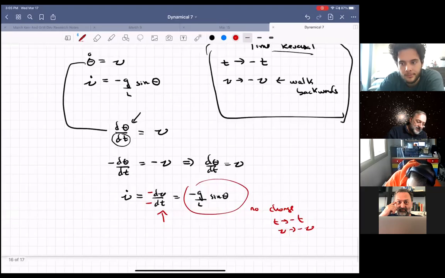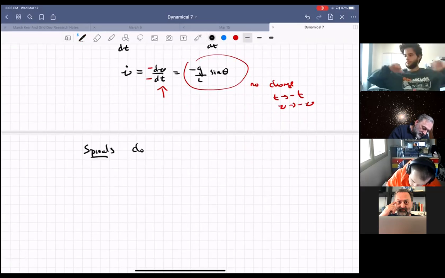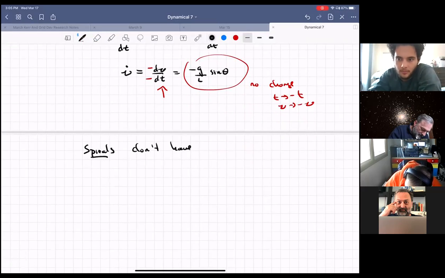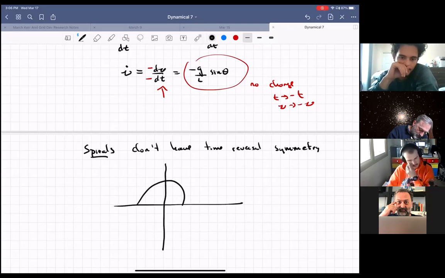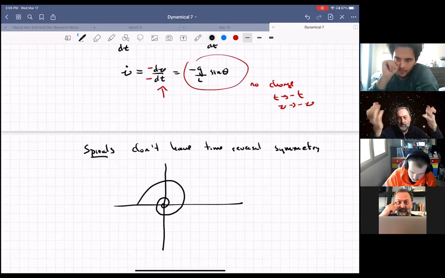And one way to say this is that no spirals have time reversal symmetry. If you draw a spiral, it is not up-down reflectance.